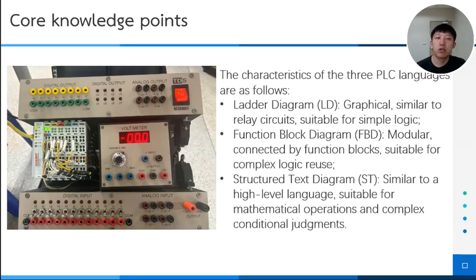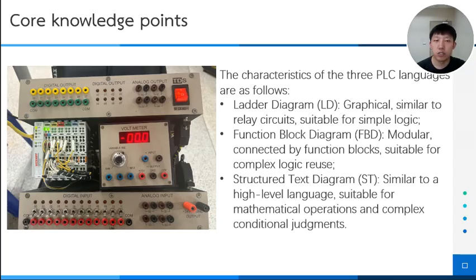This page tells me about the three PLC programming languages. First, ladder diagram (LD) is a picture style like drawing relay circuits. It's good for electrical engineers.